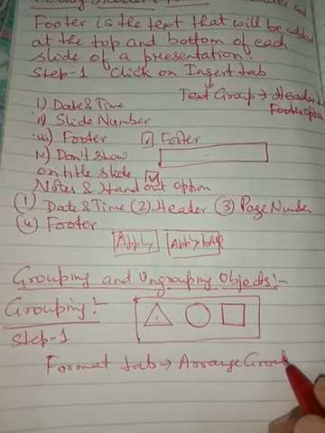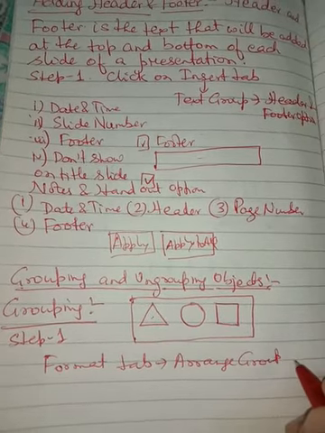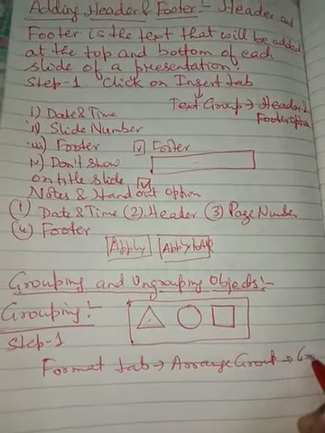And in the arrange group you have to click on the group option. As soon as you click on the group option, these three objects, which earlier were treated separately, will now have a rectangle box like this on them, which indicates that these three objects are grouped into one single object.